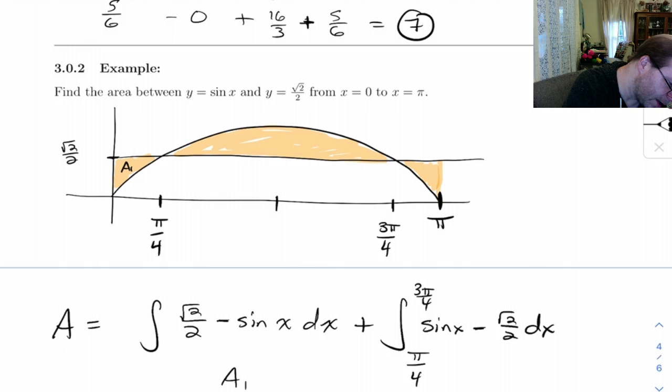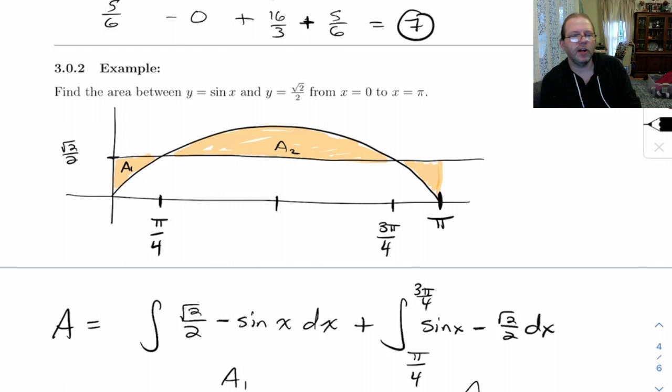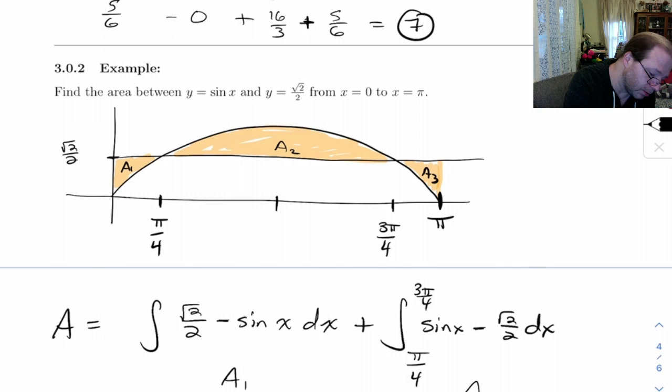And now I could go ahead and add on a thing for area 3. But notice by symmetry, area 1 and area 3 here are exactly the same size. So I can just do that.